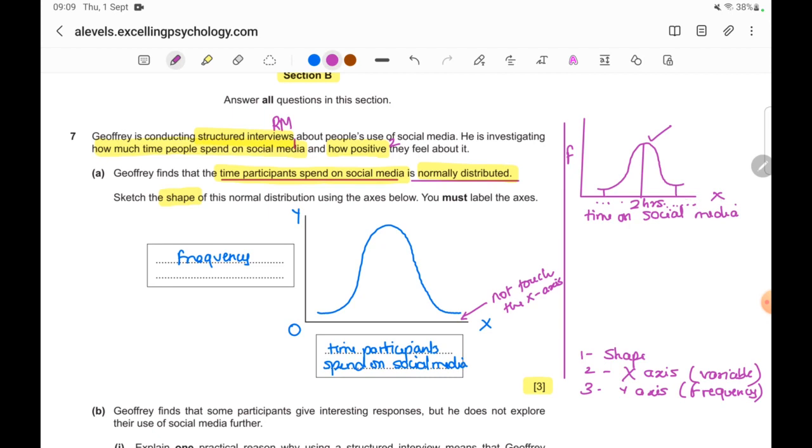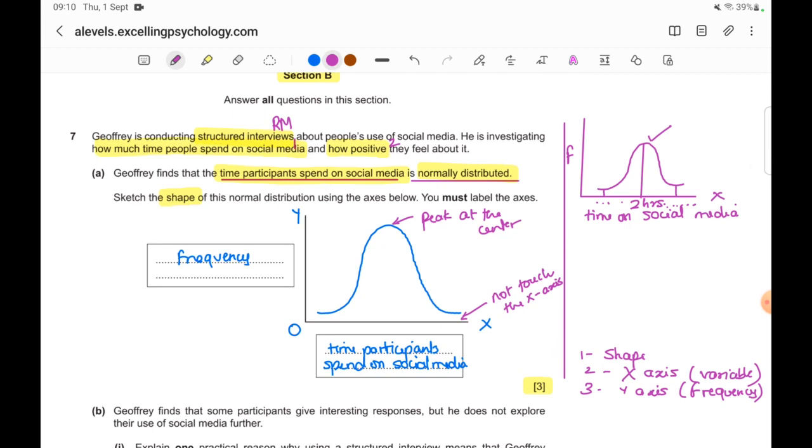So conceptually the normal distribution cannot touch the x-axis. Whatever I'm writing in purple, like I told you earlier, is for your understanding. What I've written in blue is how you have to answer the question. So make sure of this. And the other thing you need to make sure is that the peak of the distribution should be at the center, because most people are on an average, irrespective of how good or how bad your drawing is.